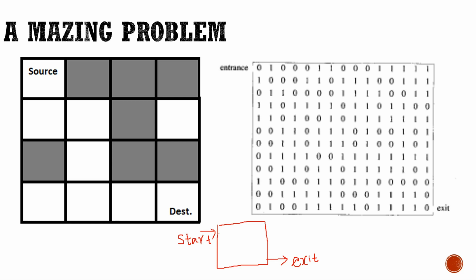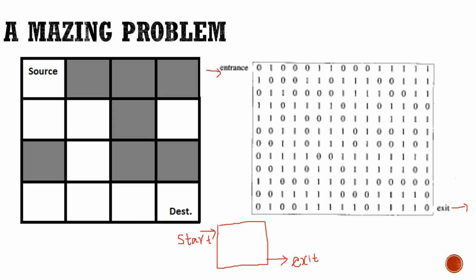Now if you observe over here, this is my entrance point. From here I need to make the entrance, and from here I need to make the exit. I need to take the path through zeros only. Ones are the hurdles over here, and I need to take the path only from the zeros.